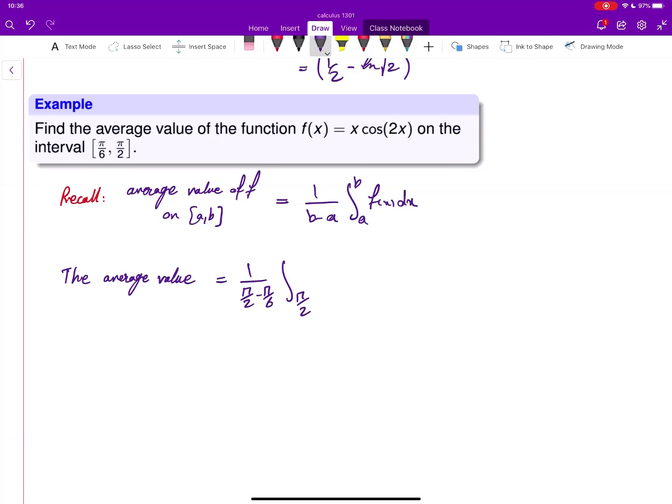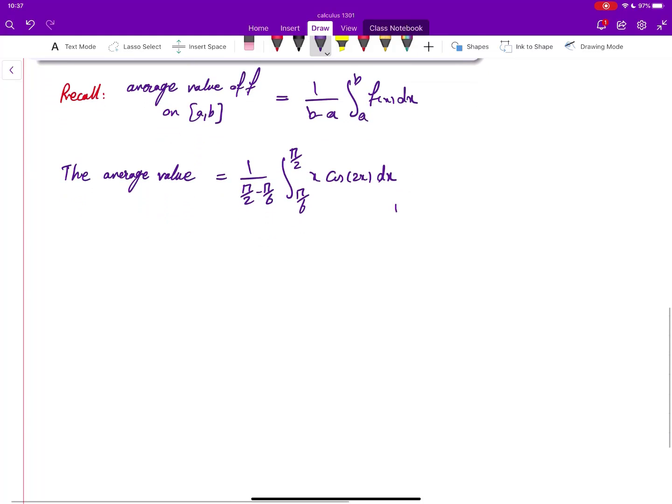Integrate from pi over 6 to pi over 2 x cosine 2x dx. So we have to evaluate this integral and plug in there. So I'll go separately and think how to integrate this piece here.